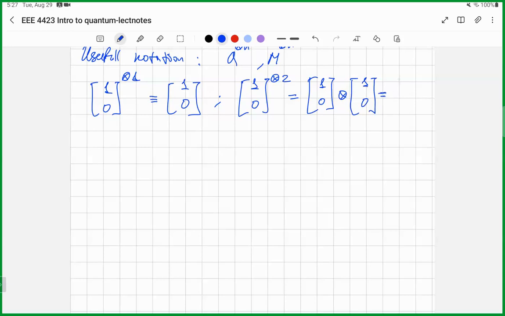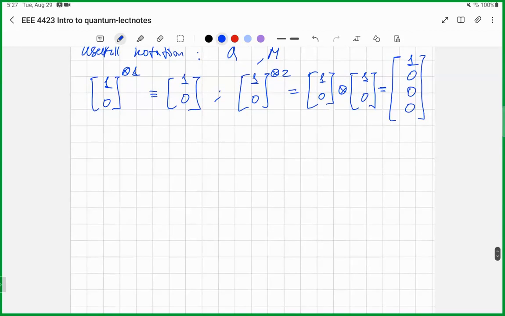So when you do that, what you get is 1 by 1 gives 1, 1 by 0 gives 0, and then 0 by all the elements of the second vector is 0. So this is a new vector: 1 and then 0, 0, 0.